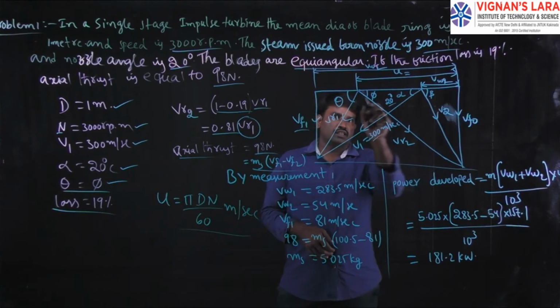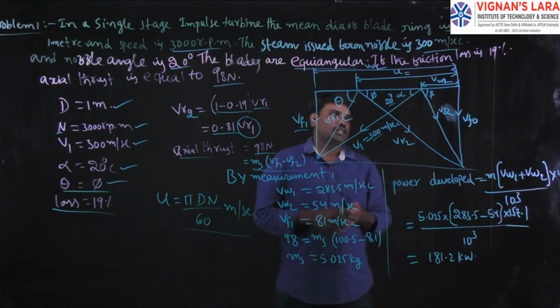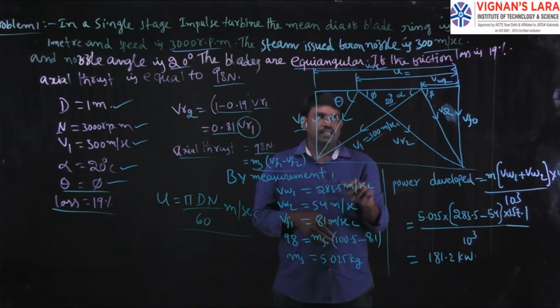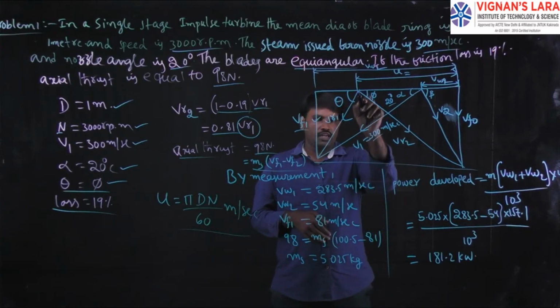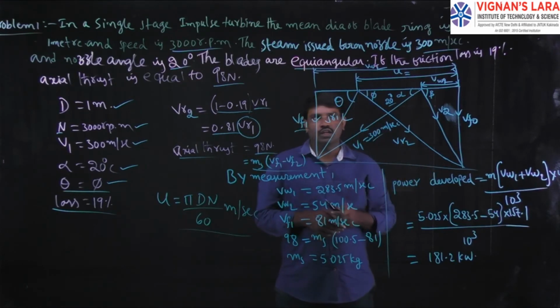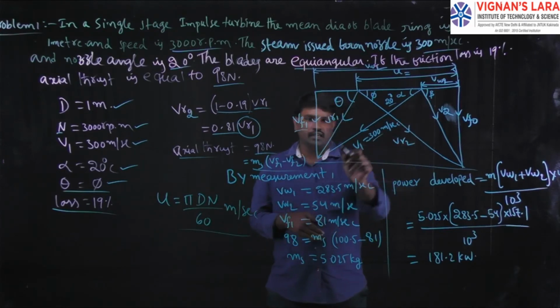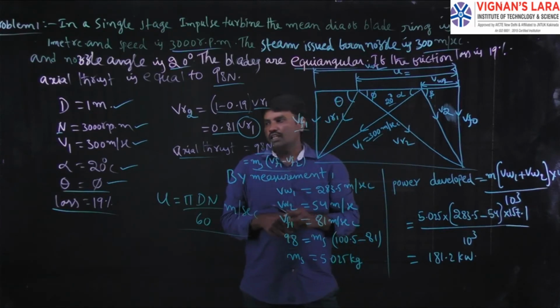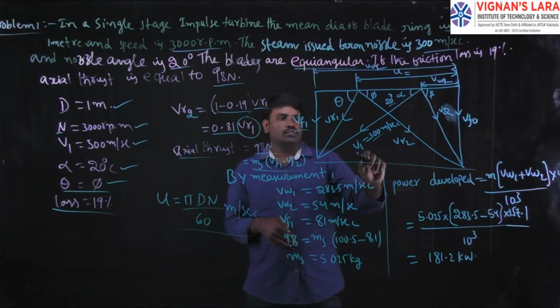Based on that scale you have to draw the u line first. Later, the blade angles are equal, so from this point you have to draw theta and phi. These two are equiangular. First you have to draw this alpha line. Alpha means the nozzle angle is given and velocity V1 is given.